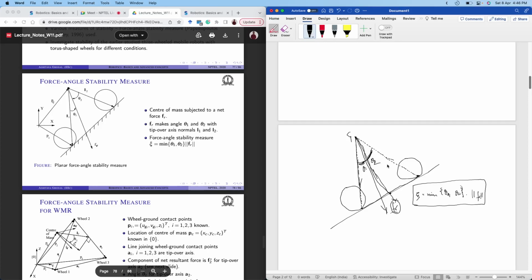Whenever this zeta is greater than zero, it is positive, it is stable. When it goes to zero, that is the case when we call it marginally stable.